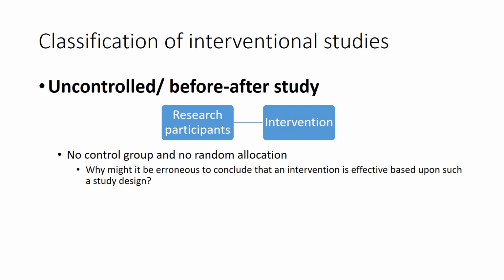So this is essentially where you take a group of patients or participants, you might offer them a treatment, and then you measure the outcome after offering the treatment. So in this situation, we don't have a control group and we have no random allocation. We have a measurement, we have an intervention, and then we repeat that measurement.